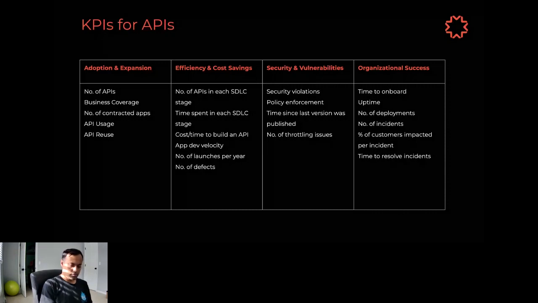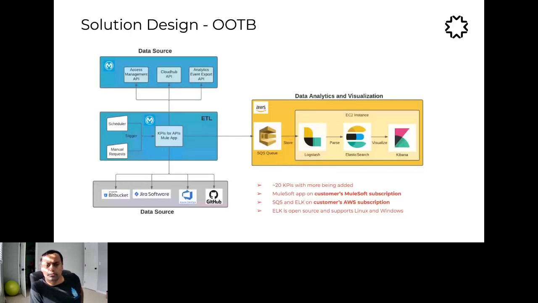So with that said, real quickly, looking at the solution, which is extremely similar to what Prasenjit was talking about, we have a lightweight Mule app running on MuleSoft, which is doing the orchestration. It's pulling the data out of the endpoint platform using different APIs, and it's pulling information out of these other external systems.